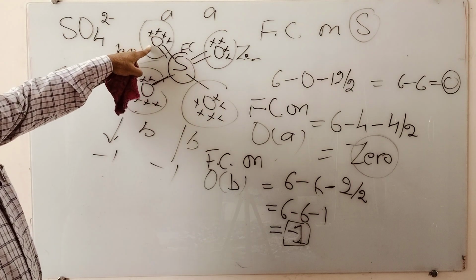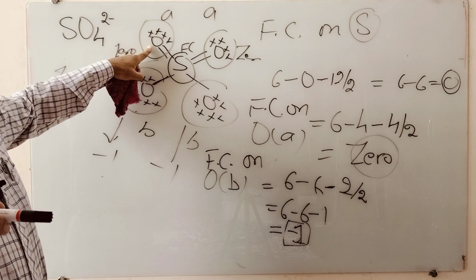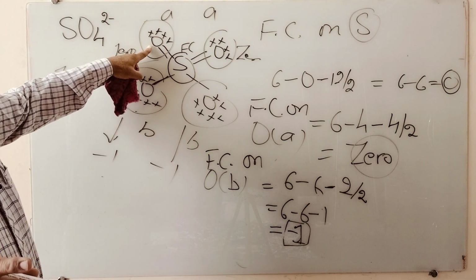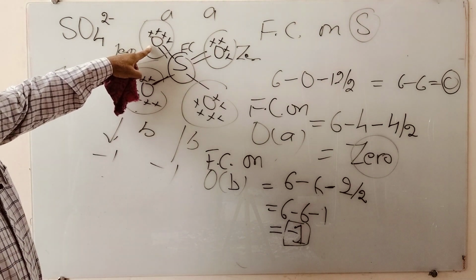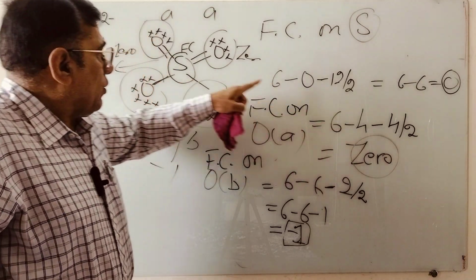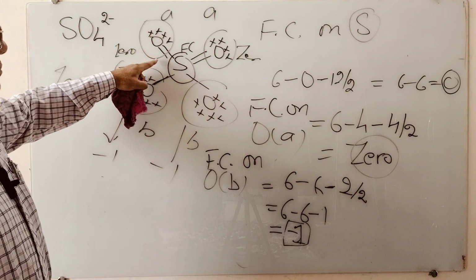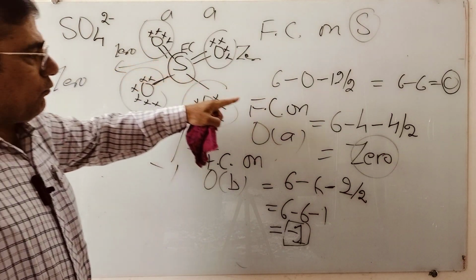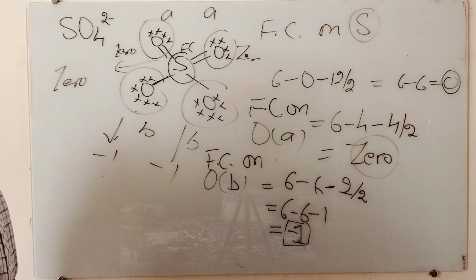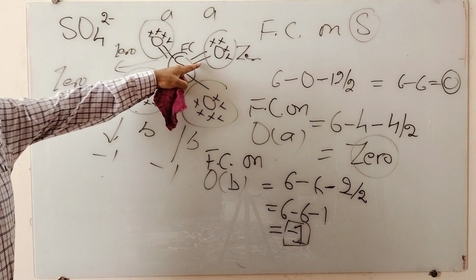I calculate the formal charge on any of the doubly bonded oxygens, which I have denoted by A. Group number obviously 6 minus non-bonding electron, 2 lone pair means 4 non-bonding electron, minus half the number of bonding electron, 4 divided by 2, and you will find the formal charge of doubly bonded oxygen is 0.